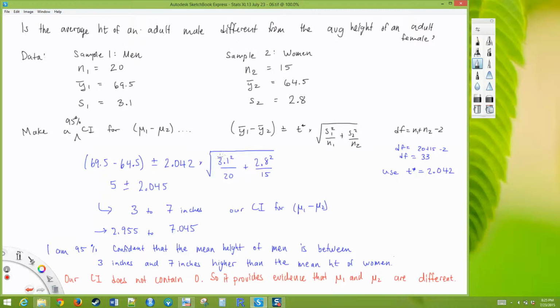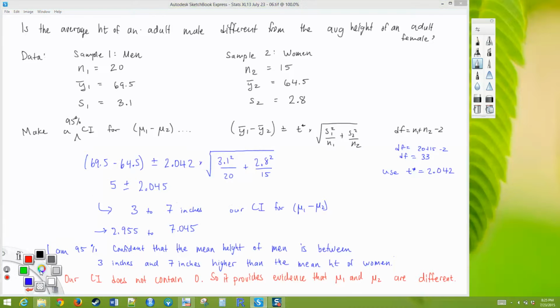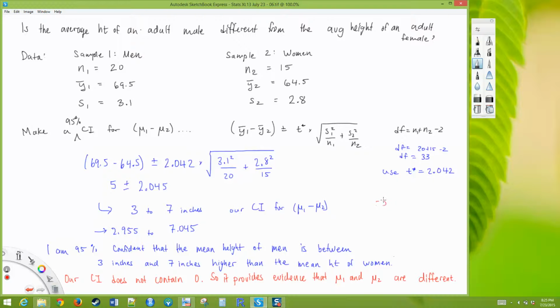These would switch places, but this quantity would still be 2.045. The only difference would be 64.5 minus 69.5. I would end up getting -5 plus or minus 2.045, and my confidence interval would go from -7 to -3 or something like that.